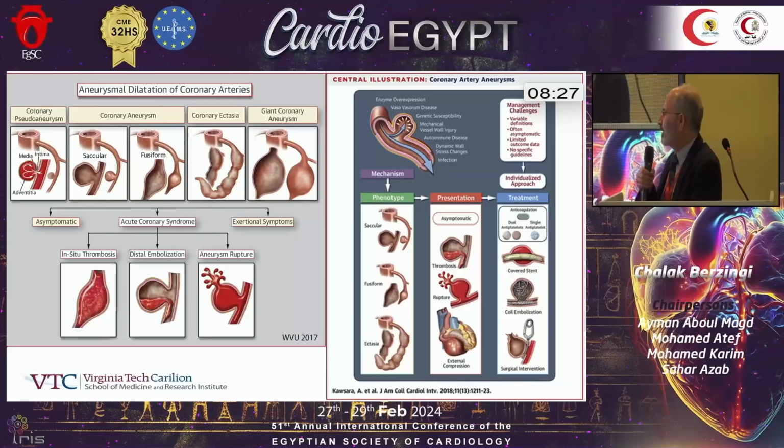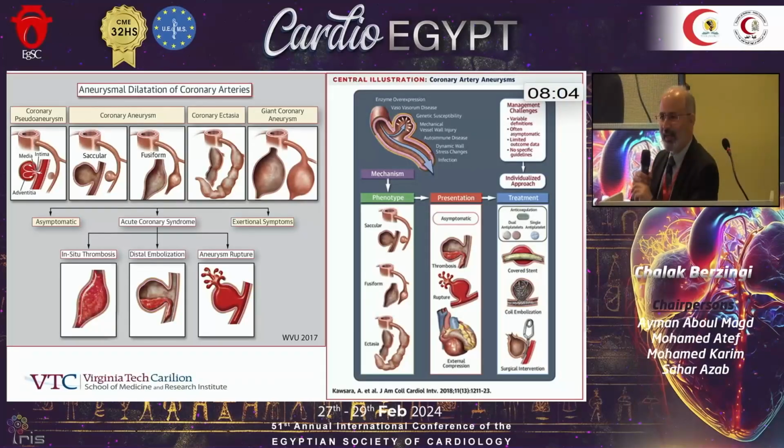Occasionally, not uncommonly, the aneurysms can be associated with stenosis. This is because almost 50% of the time they are associated with coronary atherosclerosis, so there could be one or more stenoses. That's why they may present with angina. So it could be effort angina, it could be asymptomatic, it could be an ACS presentation, or thrombus formation in an aneurysm.